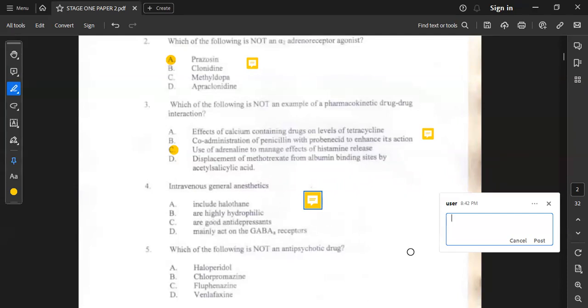And for them to function, they are not supposed to be hydrophilic. Actually, they should be hydrophobic in nature for better activity. They shouldn't be antidepressants. They should even cause depression because they potentiate the action of GABA. So I would go with D because they work towards potentiation of GABA.